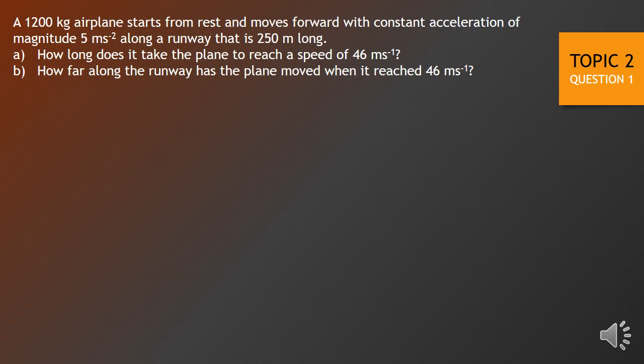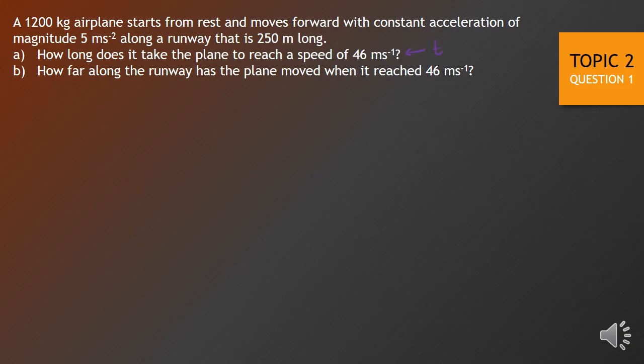So in this question, we have a 1200 kg airplane starts from rest and move forward with a constant acceleration, a magnitude 5 meter per second square along a runway that is 250 meter long. A. How long does it take for the plane to reach a speed of 46 meter per second? And B. How far along the runway has the plane moved when it reached 46 meter per second? Okay, so in this question, we have to find the time.